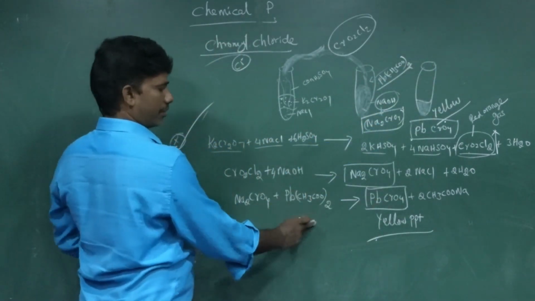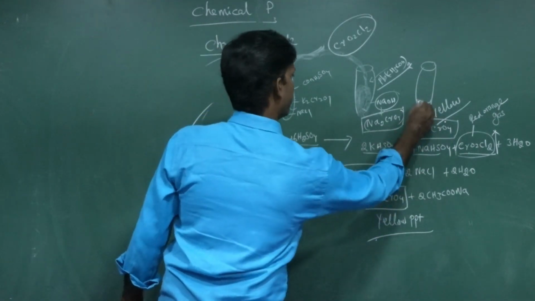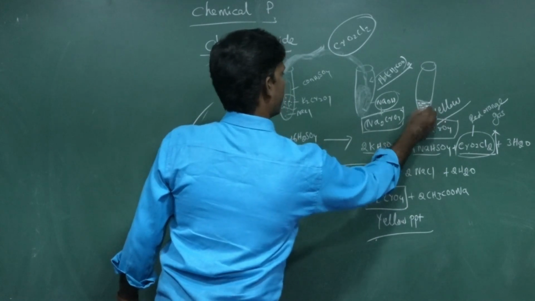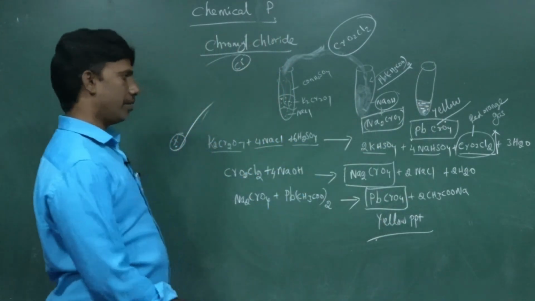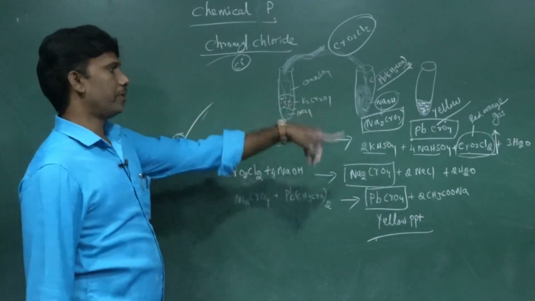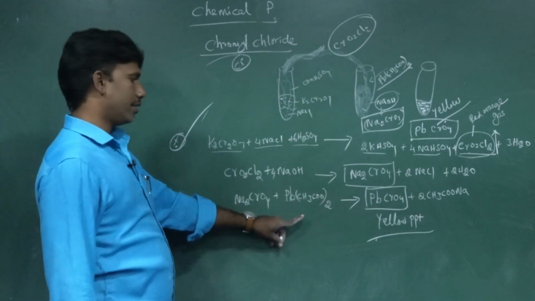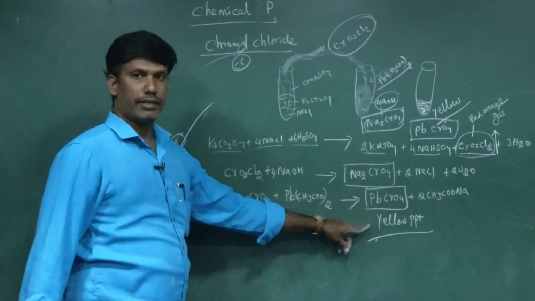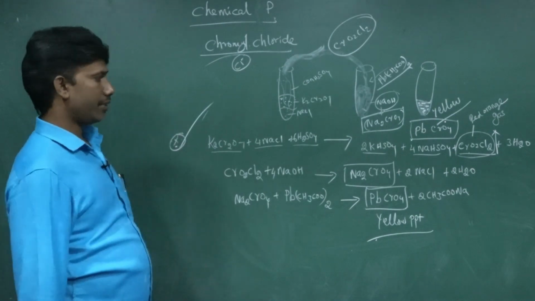You are getting lead chromate. This will be a yellow precipitate. Here the yellow color solution will be available, but when you pour the lead acetate solution, you get that yellow precipitate. This is the chromyl chloride test.